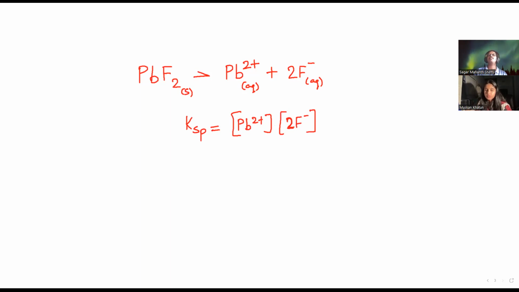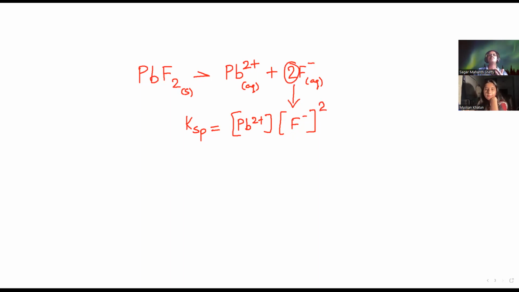When you're writing the chemical equation, you can mention the 2 over here, but here, a big no. So how do I mention this? The easiest way is that the ion is F-1, and because there are 2 fluorines, I'm going to raise it to the power of 2. Understood how it is written now?